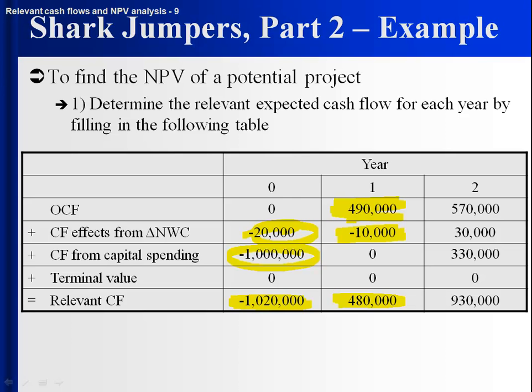Year 2 is the big one. You get $930,000. The $570,000 is the new operating cash flow. $30,000 from basically converting all your net working capital into cash, and $330,000 from capital spending. If you remember, we sold it for $350,000, and we had to pay $20,000 in taxes.